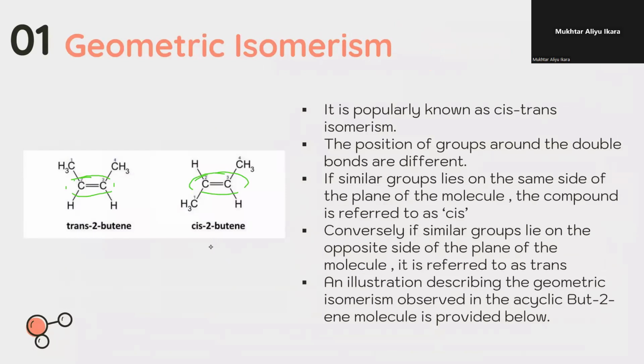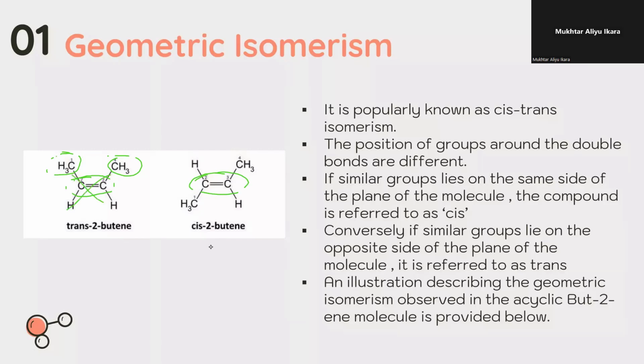You can see that you have methyl here and methyl here. The methyl and methyl are all in the same direction. So if similar groups lie on the same side of the plane, the compound is referred to as cis isomer.